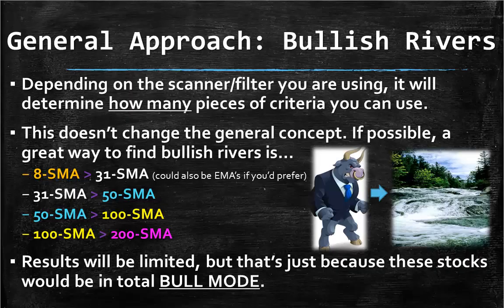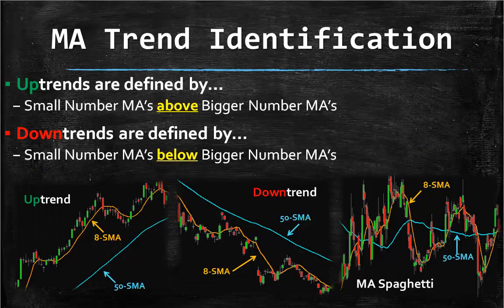Keep in mind, with this backbone I'm just using SMAs, but you could just as easily use EMAs if you wanted to. So you could just mix and match, but just remember the overall concept here: when you have small number MAs, like the 8, above bigger number MAs, like the 50, that's what you want for uptrends.